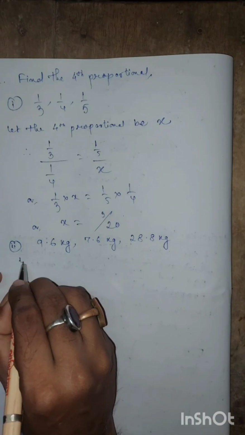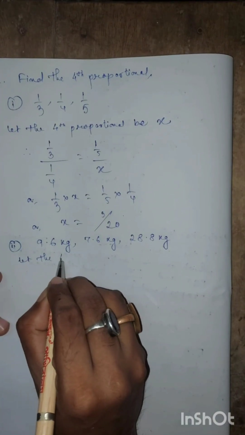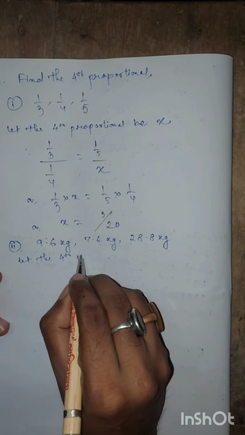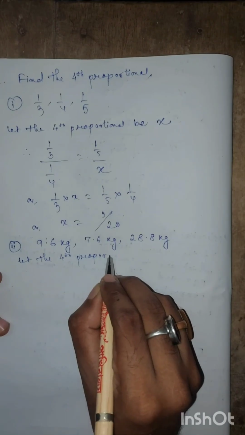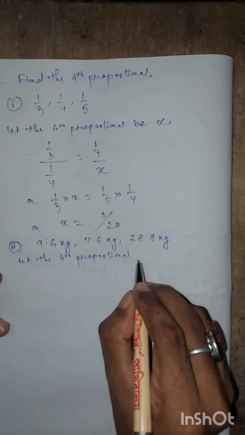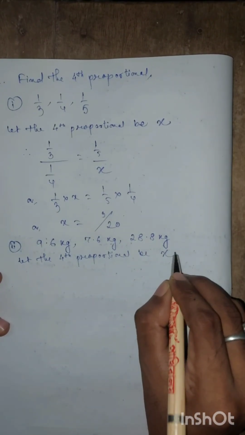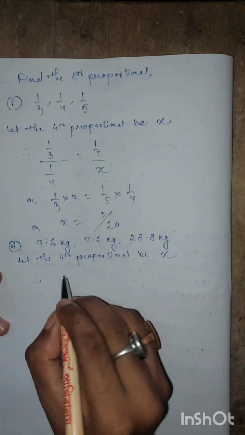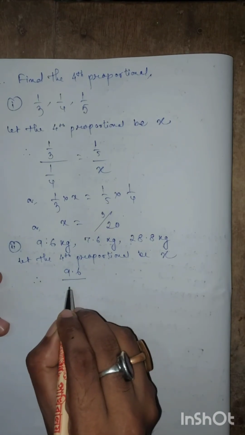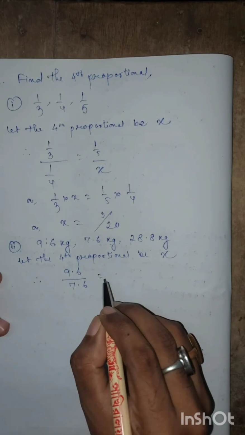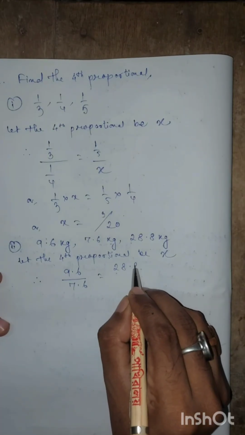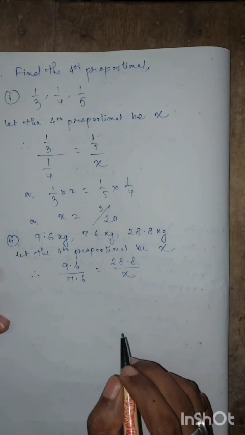So we can write let the fourth proportional be x. Therefore we can write 9.6 by 7.6 is equal to 28.8 by x.